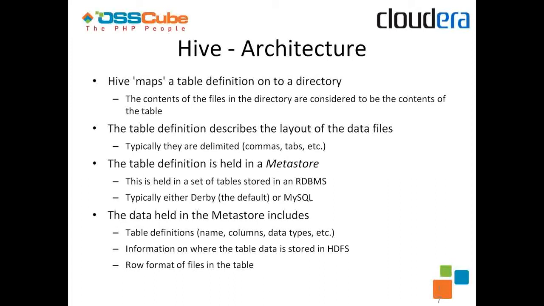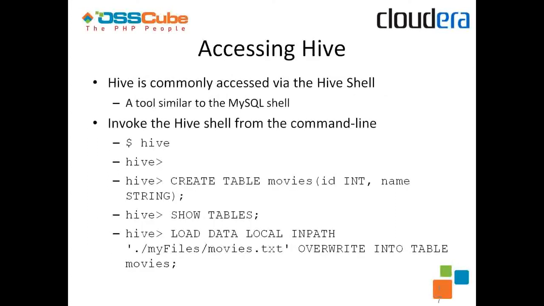Some of the information that's stored is the names, the columns, the data types, where the data is stored, and the format of the data. All this data is held in this metastore. So how does it work? Well, you can access Hive using the Hive shell.